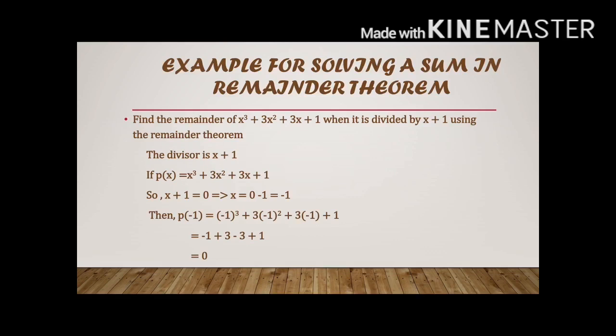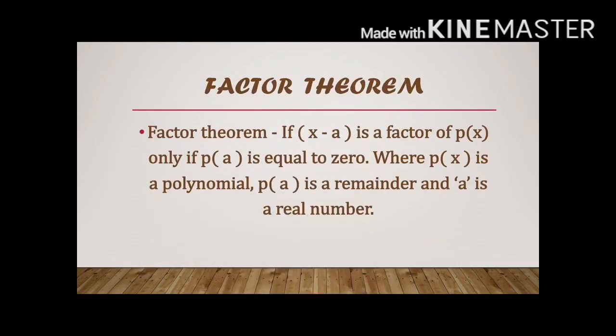So our equation will be p of minus 1 is equal to minus 1 cube plus 3 into minus 1 square plus 3 into minus 1 plus 1. When we further simplify this, we'll get minus 1 plus 3 minus 3 plus 1. Minus 1 and plus 1 is 0 and plus 3 and minus 3 is 0, and so the remainder is 0. Now let's see about the factor theorem.